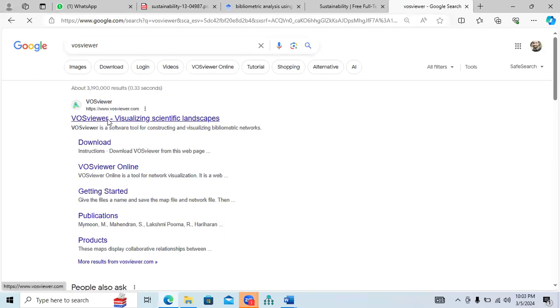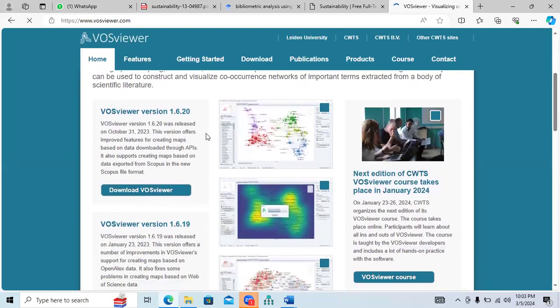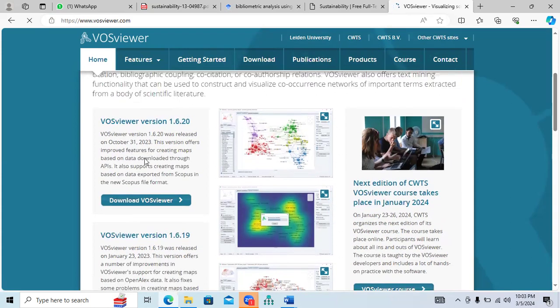If you go there, it will provide you the downloading link. So it's free, and this version offers improved features. There is no need to have trial access or anything else. You just download it and use it.